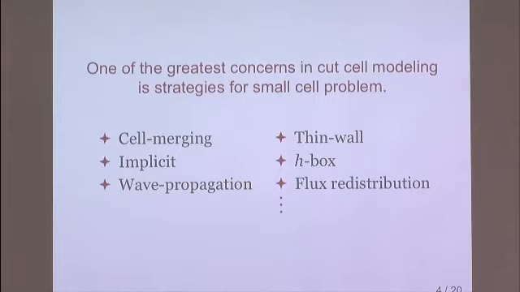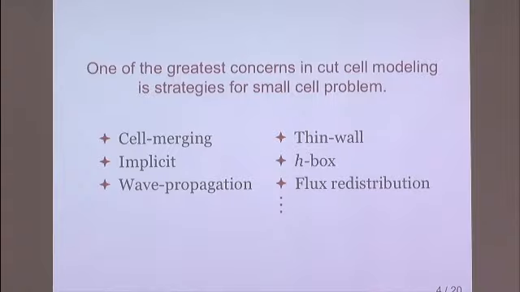All right. First, the most distinctive feature of my model is the use of cut cells as a representation method of topography. It's generally accepted that one of the greatest concerns in CATSA modeling is how to avoid an impractically strict CFL condition due to the small cut cells.